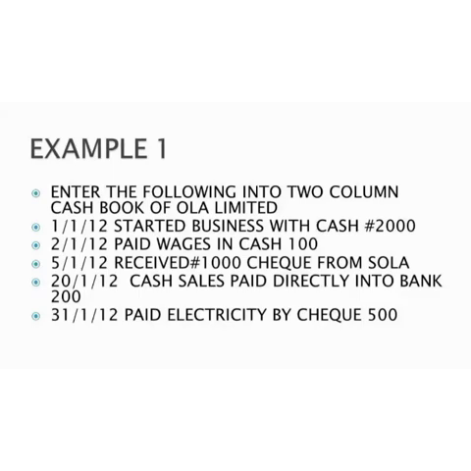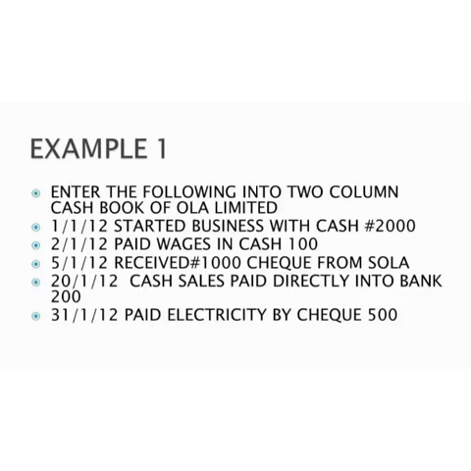While entering the transaction in the double column cash book, first enter the date in the date column, that is 20th January 2012. Then under the particulars column, 'To Sales Account'. Then under the bank column, enter the amount of rupees 200.